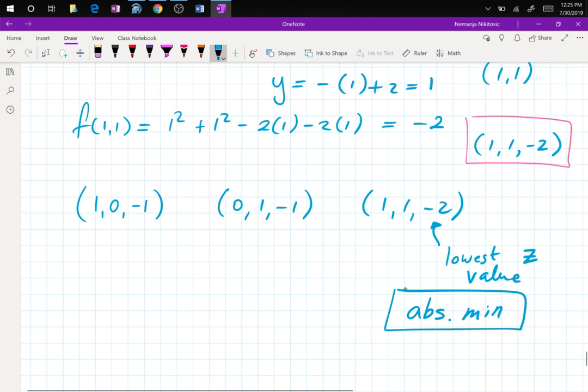When we said y equals x plus 2 or x minus 2 or whatever it was, we killed y again. So when you plug the equation of the boundary, you will kill one of the dimensions, and the problem transforms from a Calculus 3 problem into a Calculus 1 problem. And you will be able to just solve calculus.